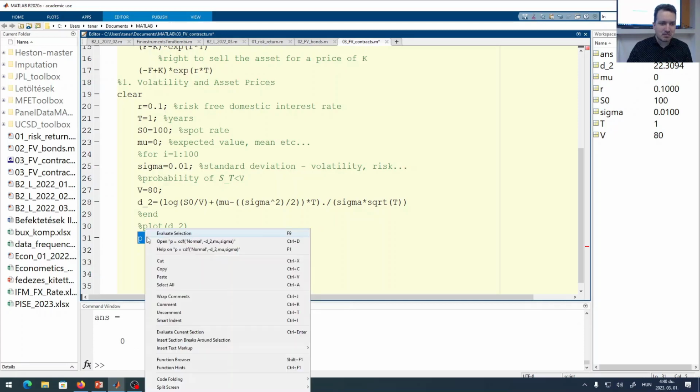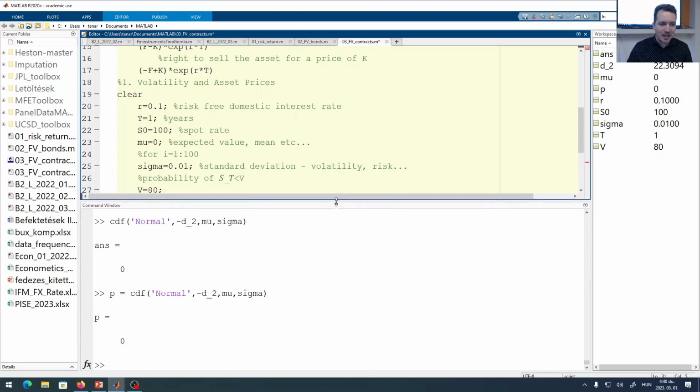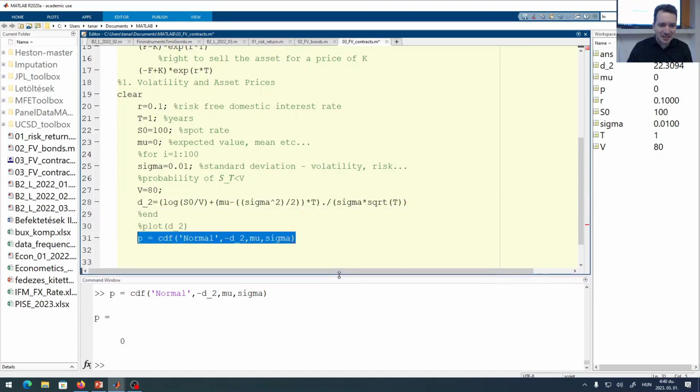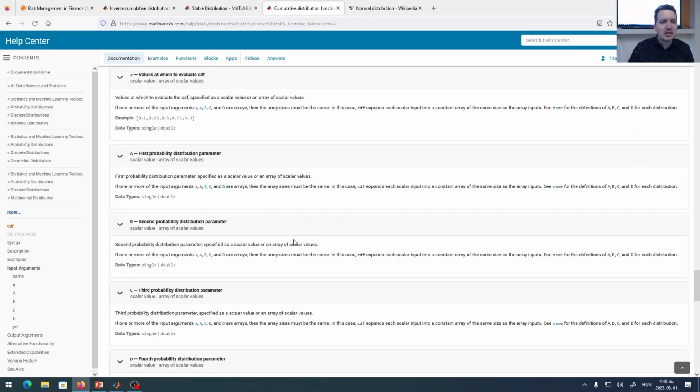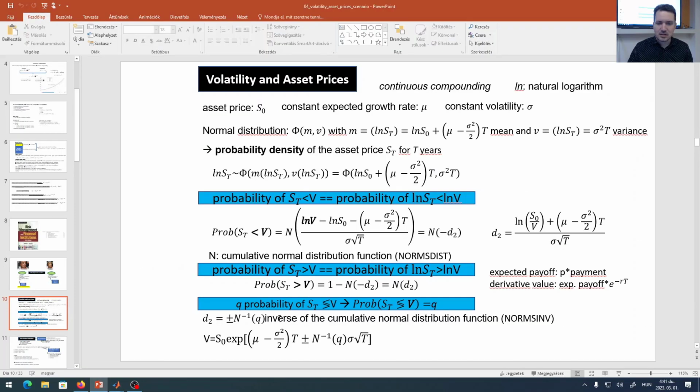Man, why 0? Why are you doing this? This is supposed to be values at which to evaluate the CDF. Yes, we evaluated the CDF. Why you don't like me? Minus D2, yeah, supposed to.